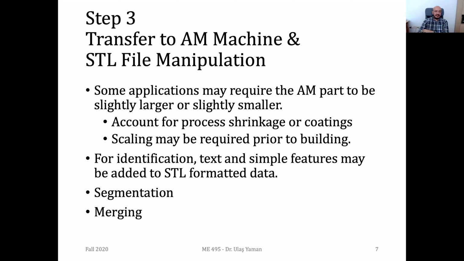Or instead of segmentation, you may import smaller parts into that CAD software and try to join them in that software. Instead of doing these operations on the CAD side, you can perform these operations on the CAM software of the additive manufacturing system.